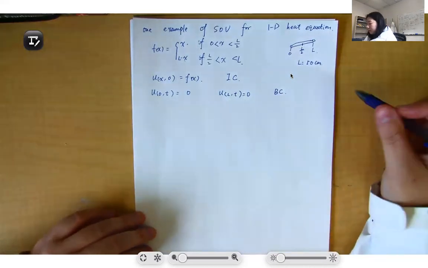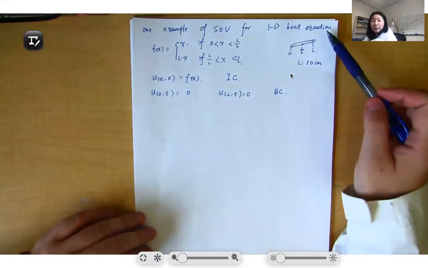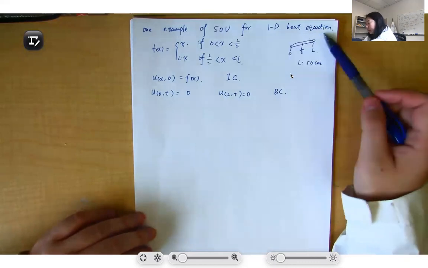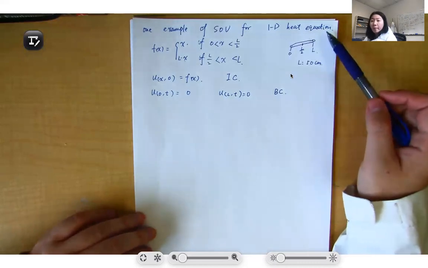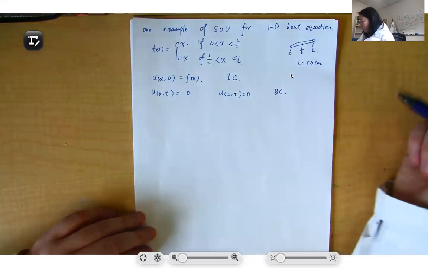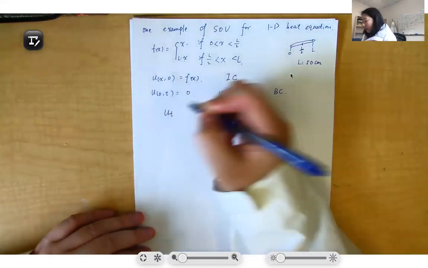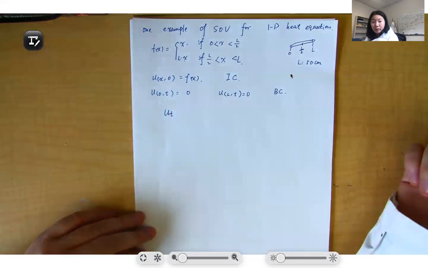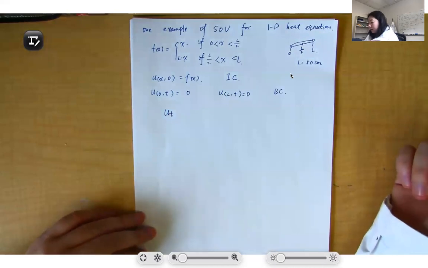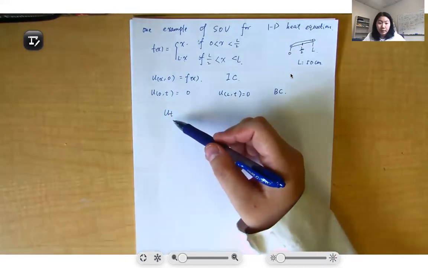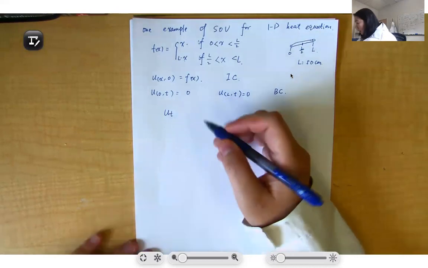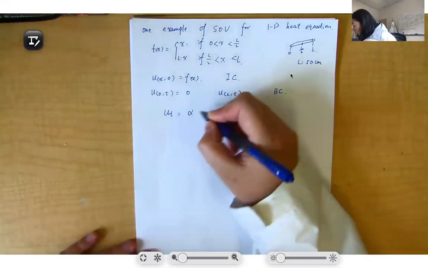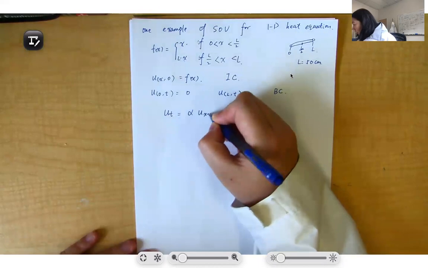Then how do we write this 1D heat equation? We already derived this before. It will be u_t, the first derivative of temperature with respect to time, equals alpha u_xx.